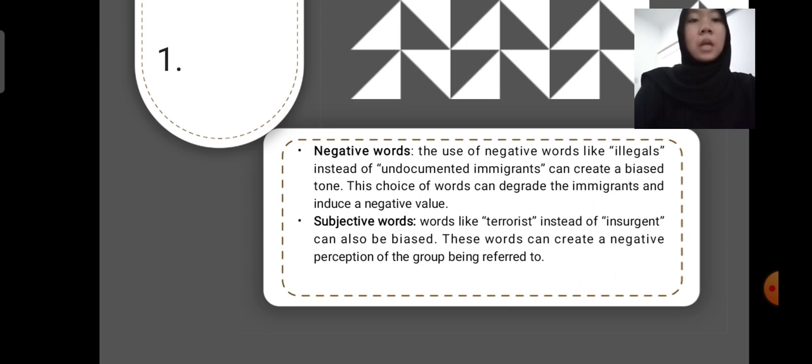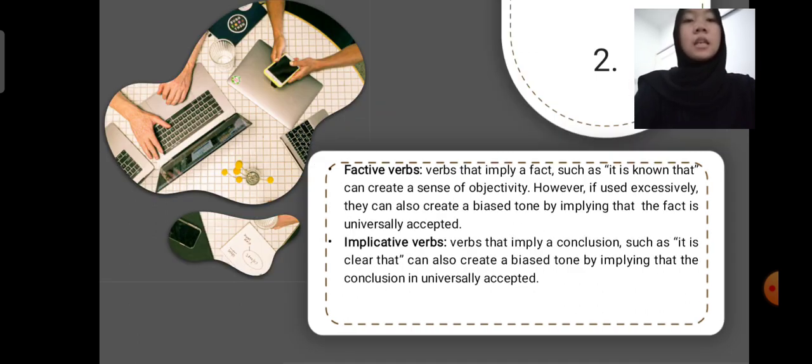Subjective words like "terrorist" instead of "insurgent" can also be biased. These words can create a negative perception of the group being referred to. The second feature is about factive verbs and implicative verbs. Verbs that imply a fact, such as "it is known that," can create a sense of objectivity.